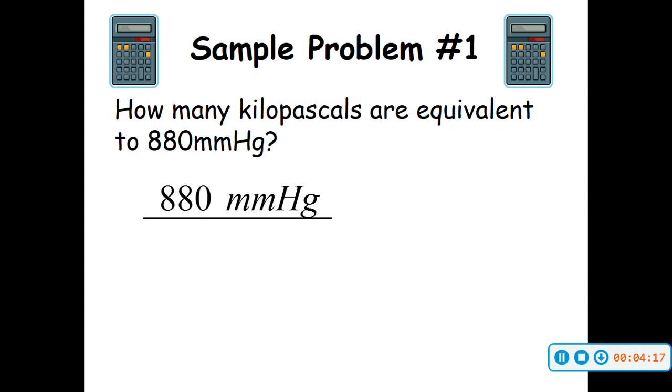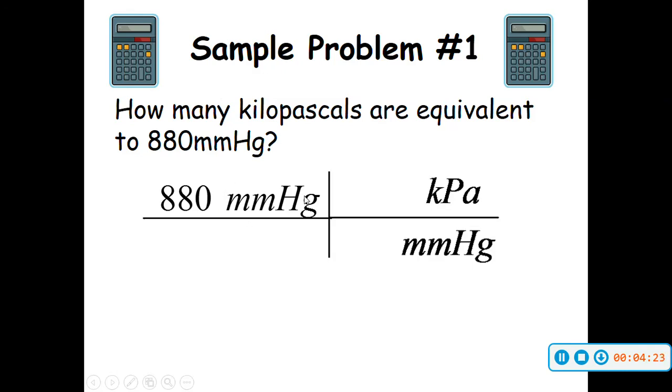Just like in stoichiometry, in order to cancel out millimeters of mercury, it is going to be on the bottom of our conversion factor, and whatever we're looking for, which in this case is kilopascals, is going to be on top. Again, your values for those conversions are 101.3 kPa equals 760 millimeters of mercury.